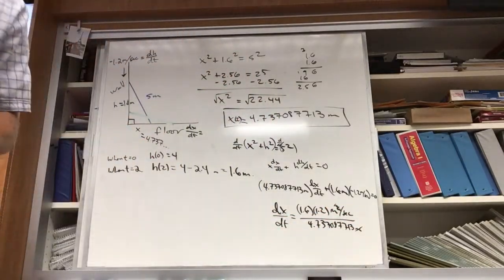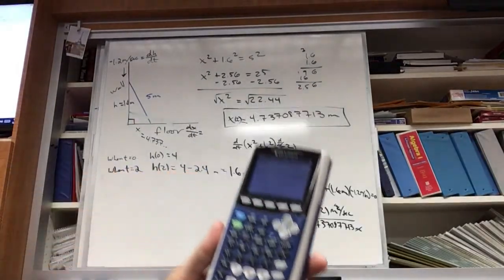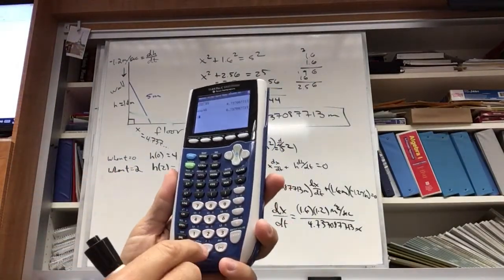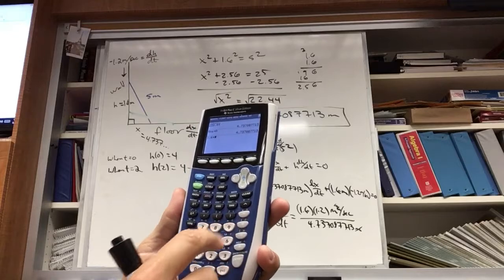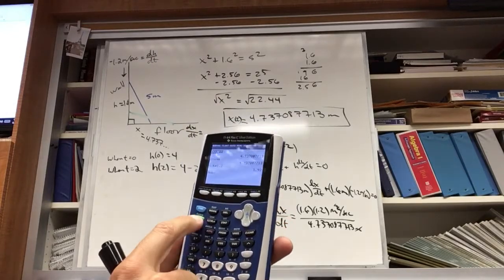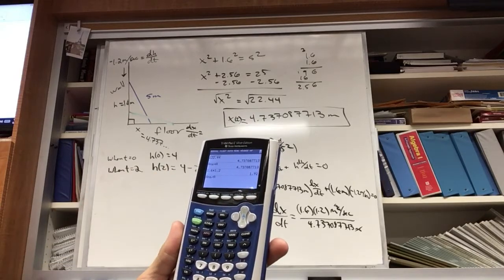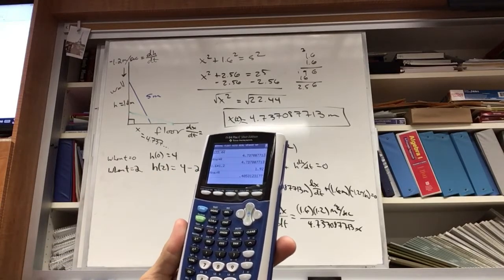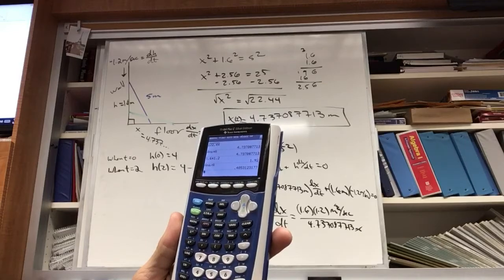And now let me go ahead and plug this into my calculator. I have 1.6 times 1.2, and then I'm going to divide that by alpha A because I have that stored in my calculator as A, and I get 0.405312 whatever.